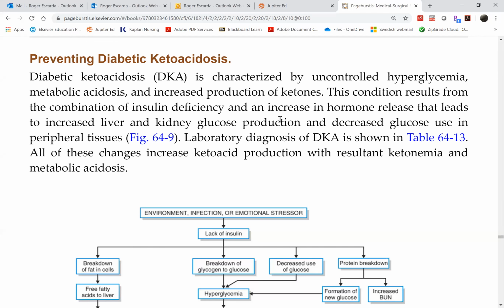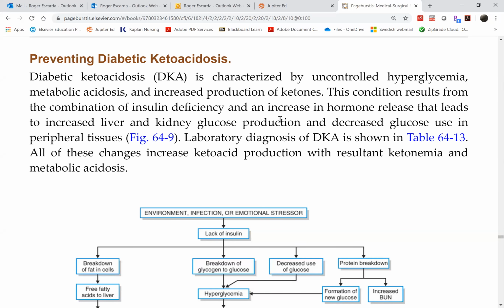Okay. So during my time, which is over 25 years ago now, our textbook still said DKA happens to type 1 only. HHS happens to type 2 only. As you can clearly see, diabetes evolved. That was no longer true.